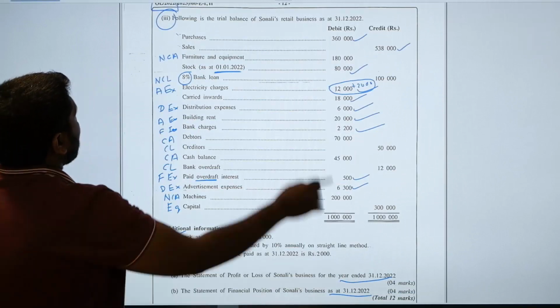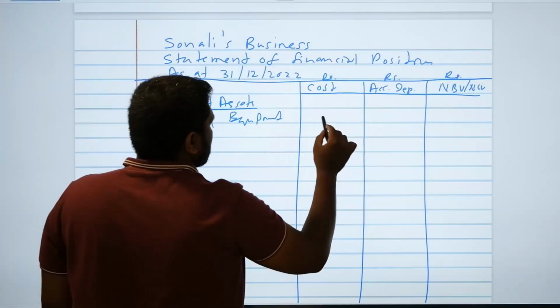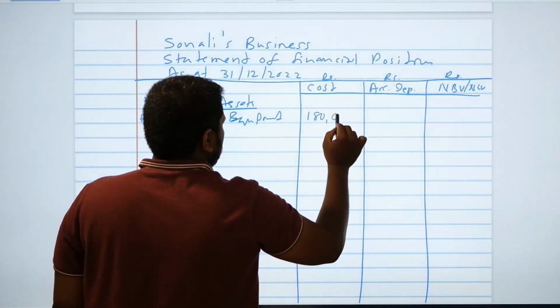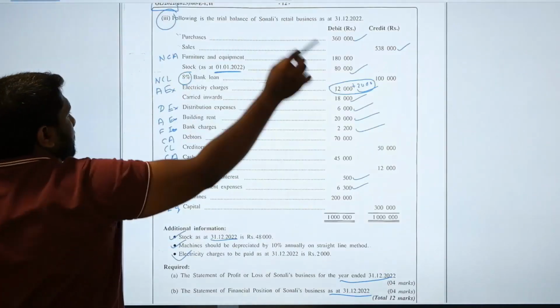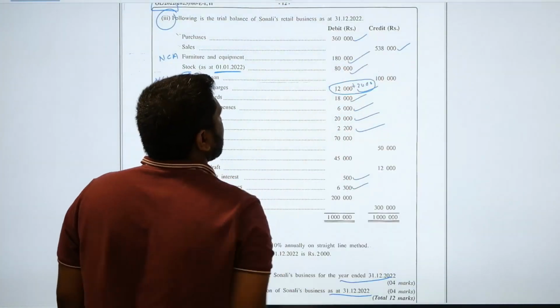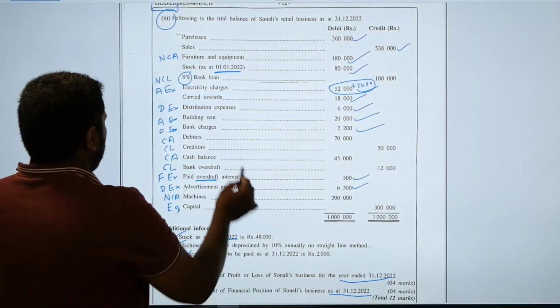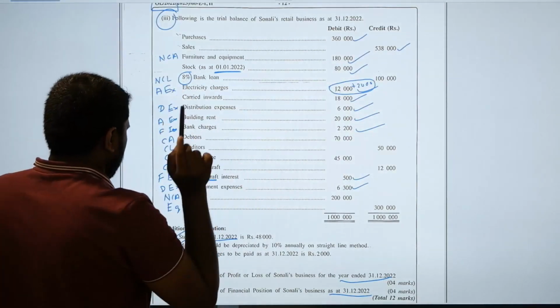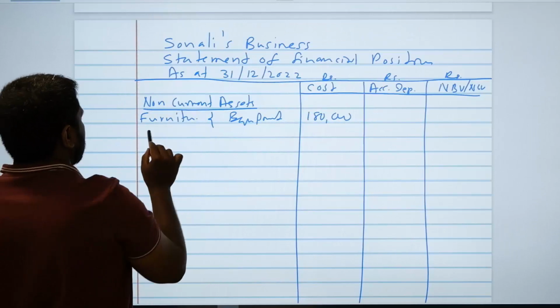How much is that? 180,000. Done. Then we have machines.